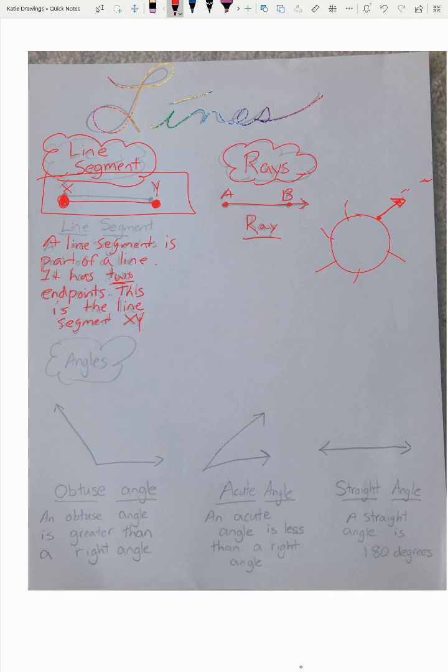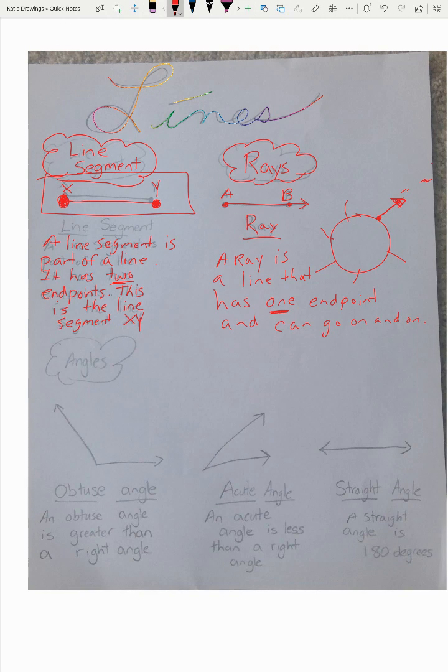So rays, basically, a ray is a line that has one endpoint and can go on and on.